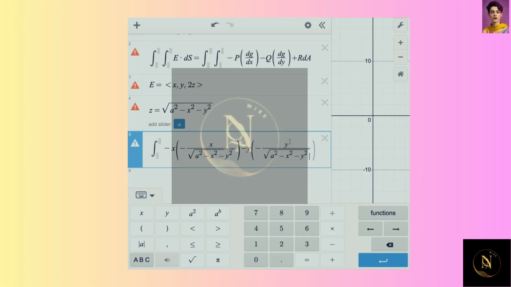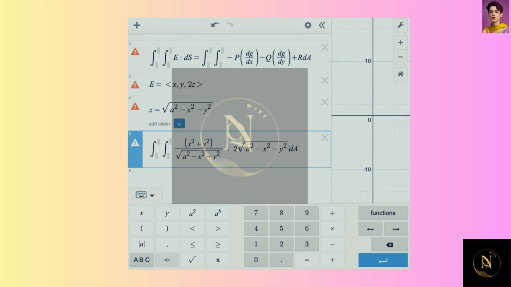We'll get a positive x squared and a positive y squared, and as a result we can simplify all of this into x squared plus y squared over z. And since we know z equals the square root of a squared minus x squared minus y squared, it's just going to look like that.